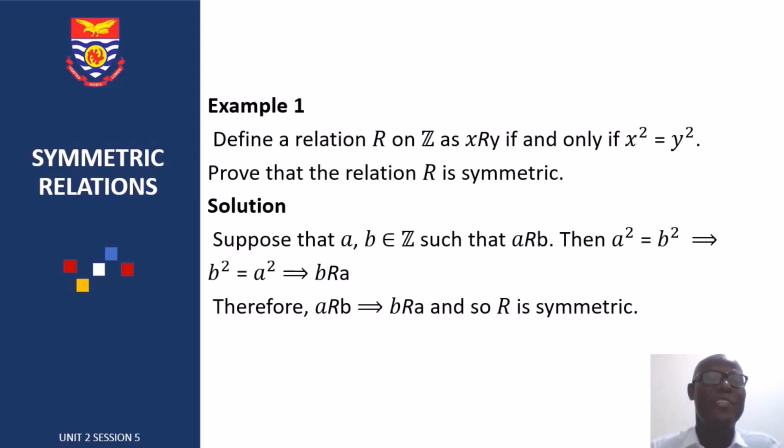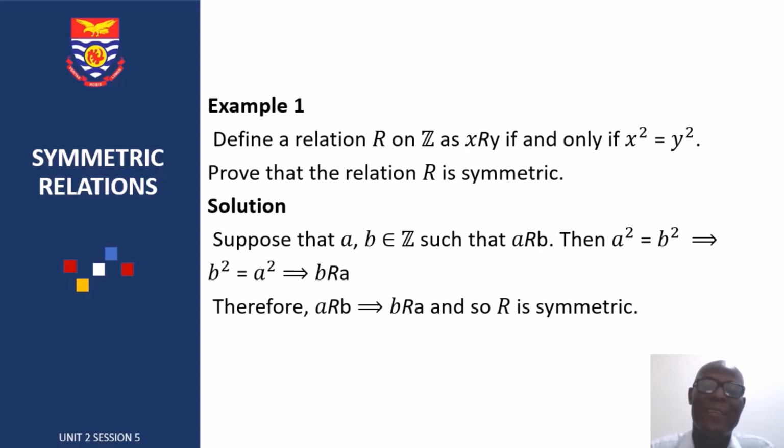Symmetric relations. Example 1. Define a relation R on Z as x is related to y if and only if x squared is equal to y squared. Prove that the relation R is symmetric. Solution.